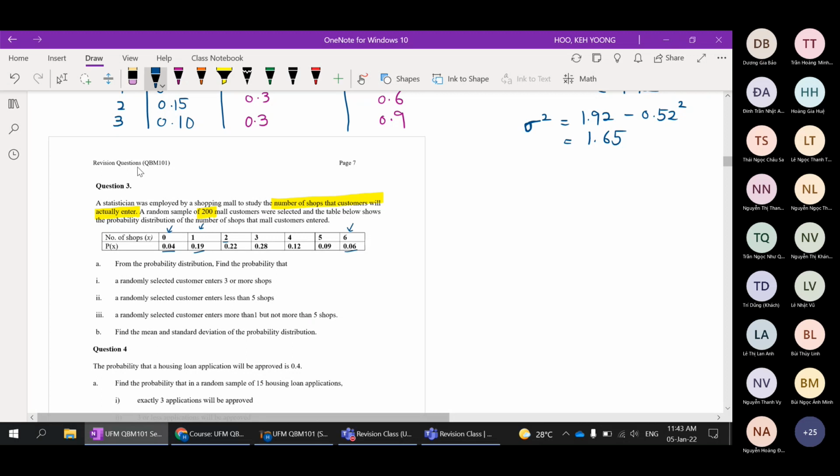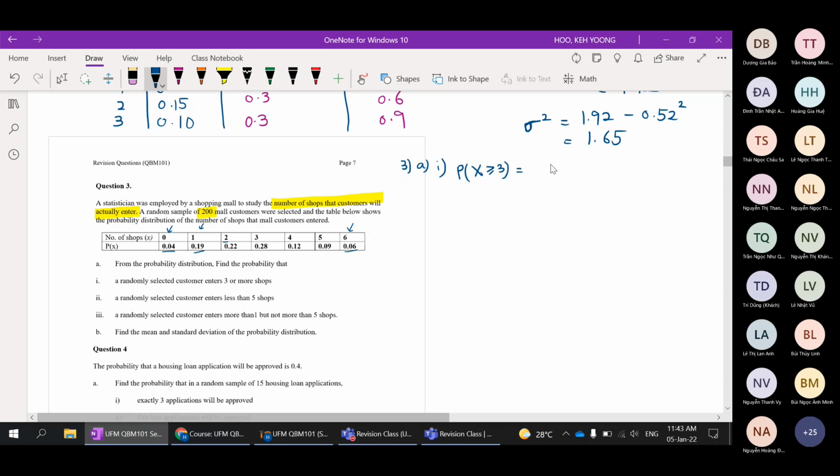Based on this table, find the probability. Question 3, A1. Find the probability that a randomly selected customer enters 3 or more shops. So you want to find the probability X more than or equal to 3.